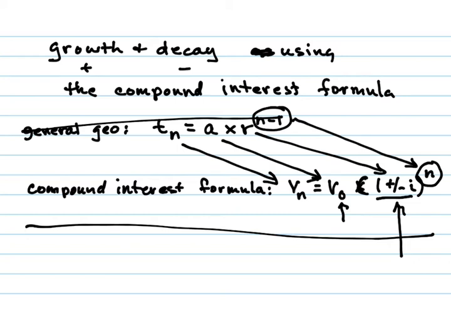So let's talk about what each piece of the formula means, because if you'll remember, part of your job is not just doing the math, you also have to explain what's happening. So let's look at this formula in a little more detail. V_n equals V_0 times (1 plus or minus i), depending on growth or decay, to the nth power.